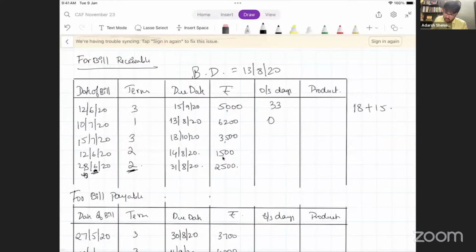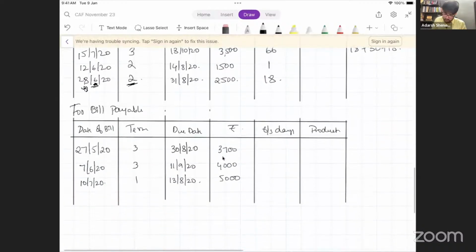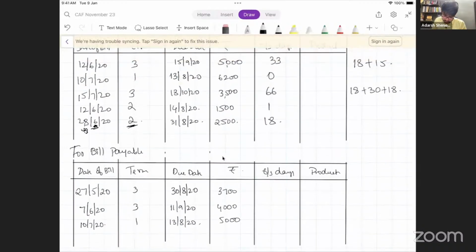Then 18 days in August, 30 in September, 18 in October. How much is this? It's 66, and the next one is 18. Right, so we'll check.